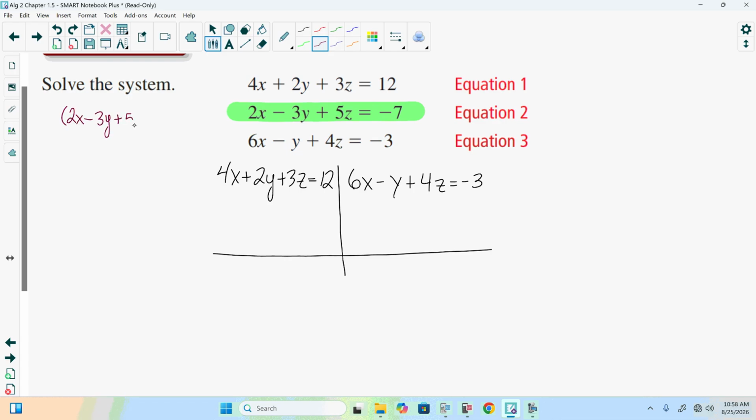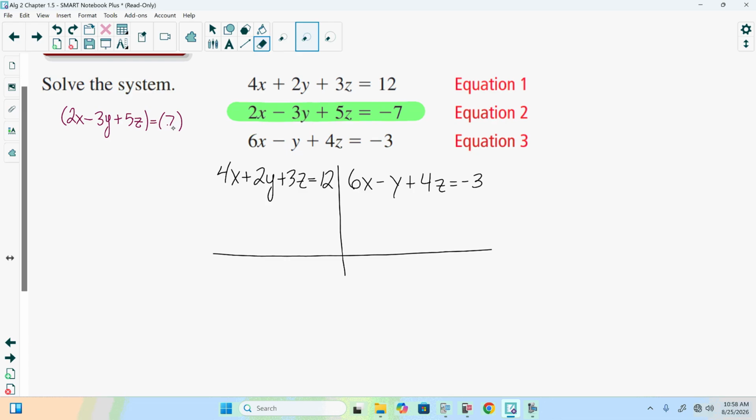Now, to get the x's to be the same, like we said already, we need to multiply the whole equation. Let's make sure I'm not switching equations. 2x minus 3y plus 5z equals 7. So we're going to do the one on the left first. We need the number in front of x to be the same.